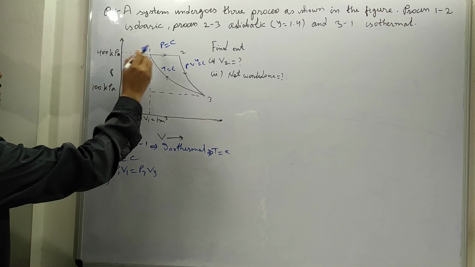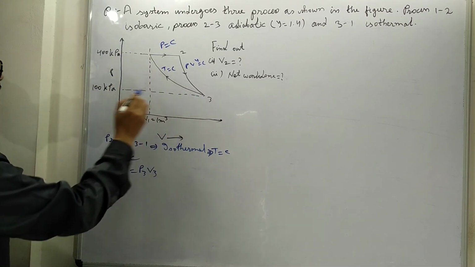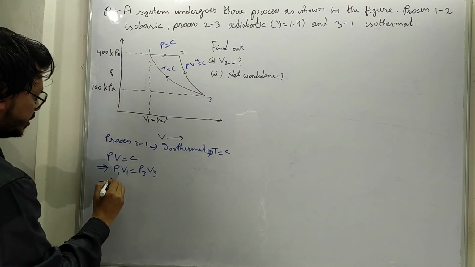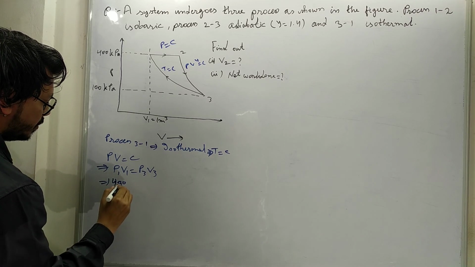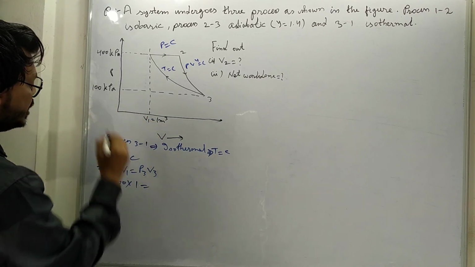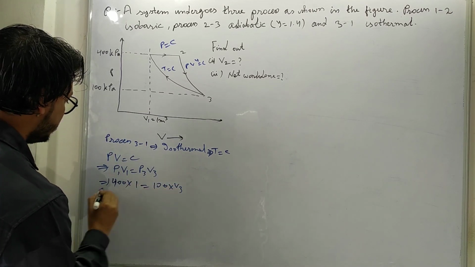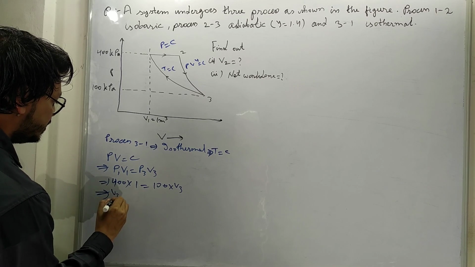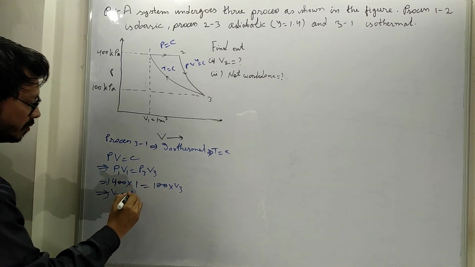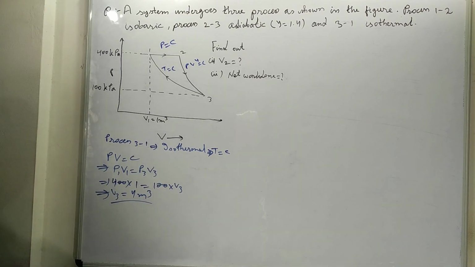P1 and P2 are equal because it is isobaric process, and the value of P3, that is pressure at point 3, is 100 kilopascal. By putting, we get P1 400 into V1, V1 given is 1 meter cube, equals to P3 100 into V3, V3 we have to find. So we get the value of V3 as 4 meter cube.